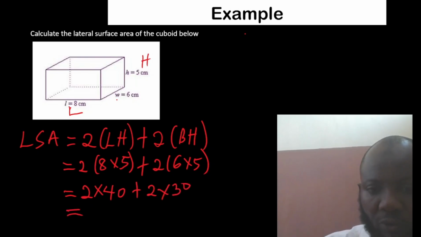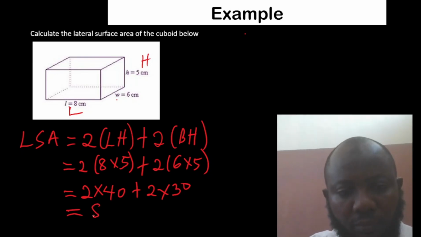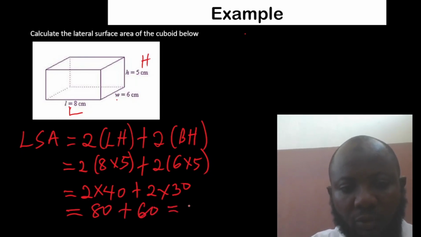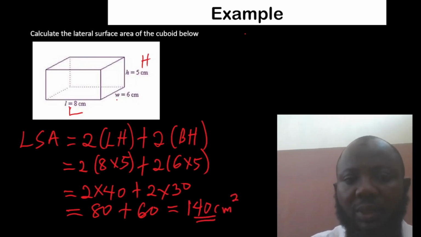So this gives us 80 plus 60, and that gives us 140 centimeters squared. I hope this is clear. All right, so move to the next one.